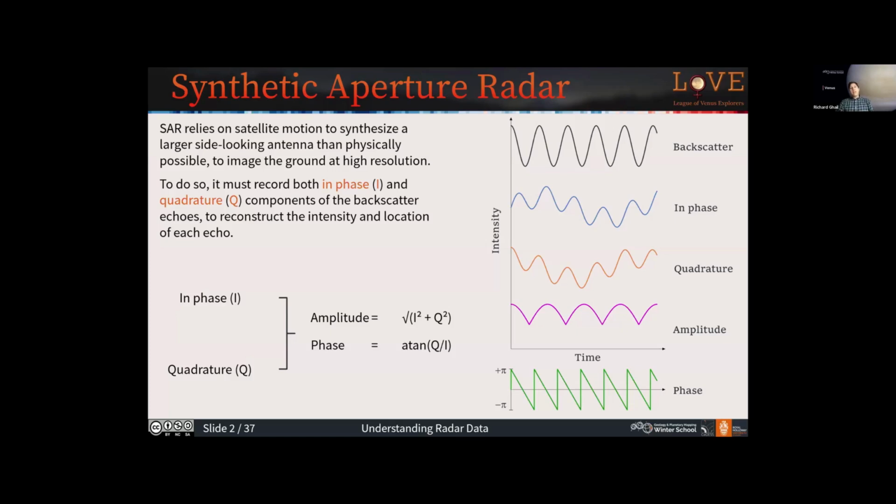And those two signals, the in phase and quadrature, can be combined in two different ways. If we square them, add them, and square root them, we get what's called the amplitude of the signal, and that's the image that we're familiar with seeing in, say, Magellan images. And if we take the arctangent of the ratios, then we get the phase information, which is something I'll discuss a bit later on. At the moment, we don't really make use of that information from Magellan or any other space-based system outside of the Earth.